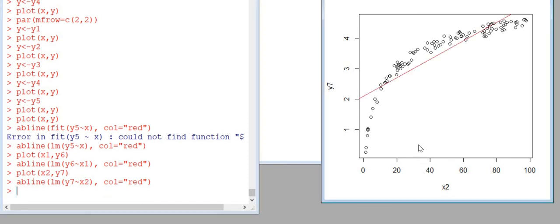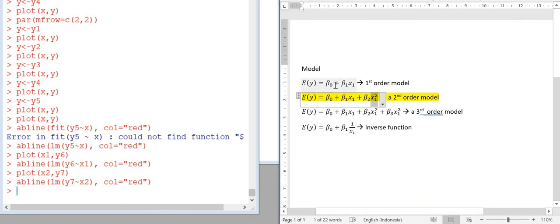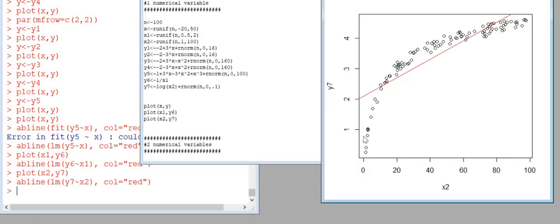Here we simplify with x2, and lots of data points are not even close to the fitted line. So the first order model is not recommended for this one.